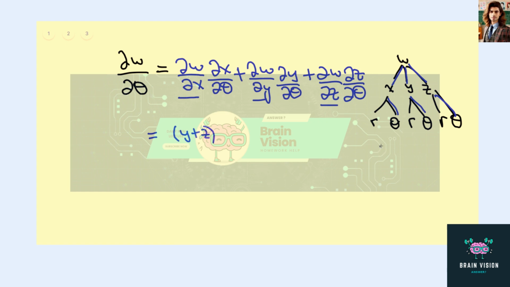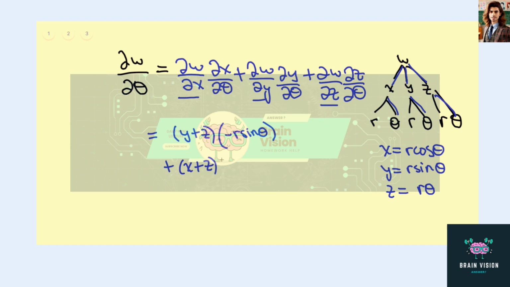So recall that x was r cosine theta. So we see derivative of x with respect to theta, that'll be negative r sine theta. Derivative of w with respect to y, x plus z, we already computed that on the previous page.